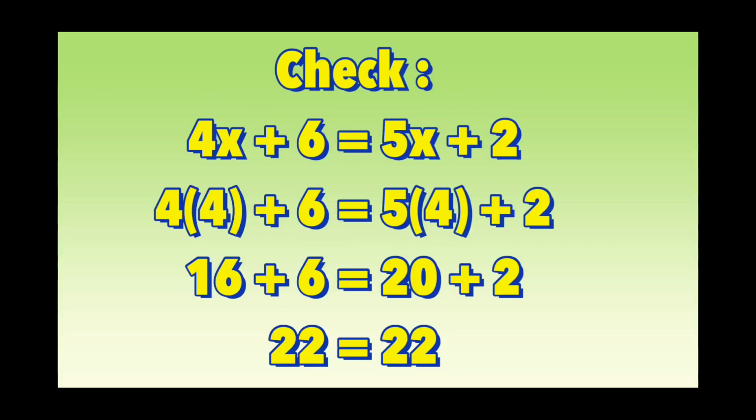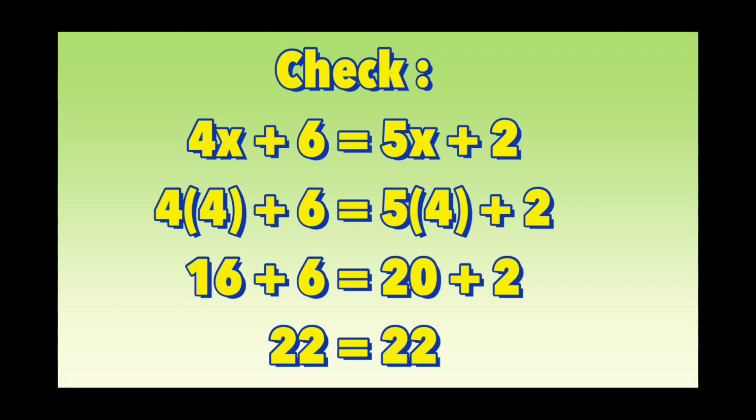Then we're going to check the value of x if it is correct, because in an equation we should always check our answer. Okay, from the given equation, 4x plus 6 equals 5x plus 2, the value of x now is 4. We're going to substitute x: 4 times 4 plus 6 equals 5 times 4 plus 2.